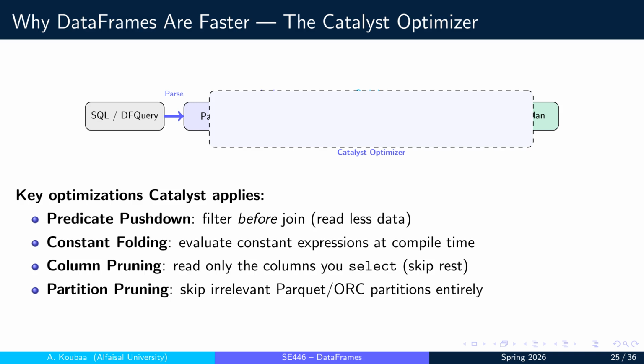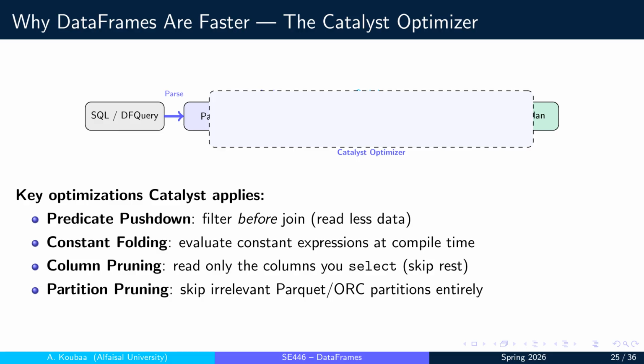When you write your data frame code, you are essentially building up a blueprint of your query. This diagram illustrates the journey of that blueprint. Initially, your code is an unresolved logical plan. Catalyst analyzes this plan to resolve column names and types, turning it into a logical plan. The most important step is next, where it applies a set of sophisticated rules to create an optimized logical plan.